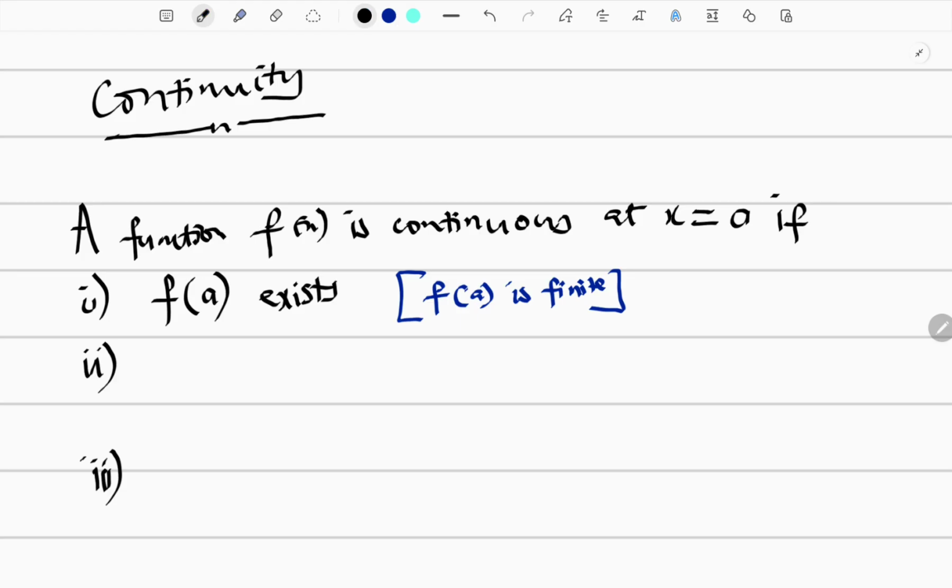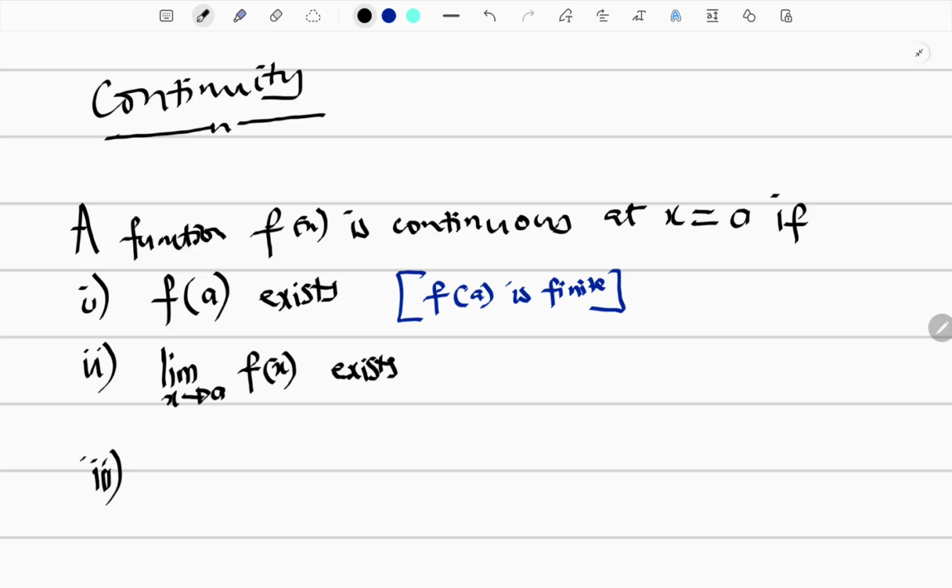Then the second point is the limit as x approaches a of f of x exists as well.